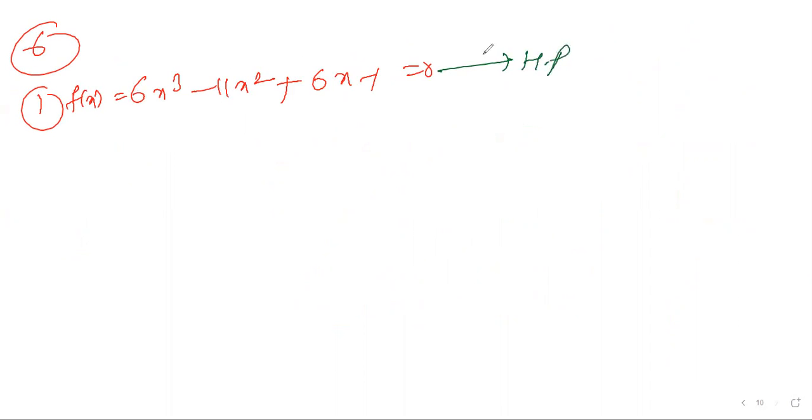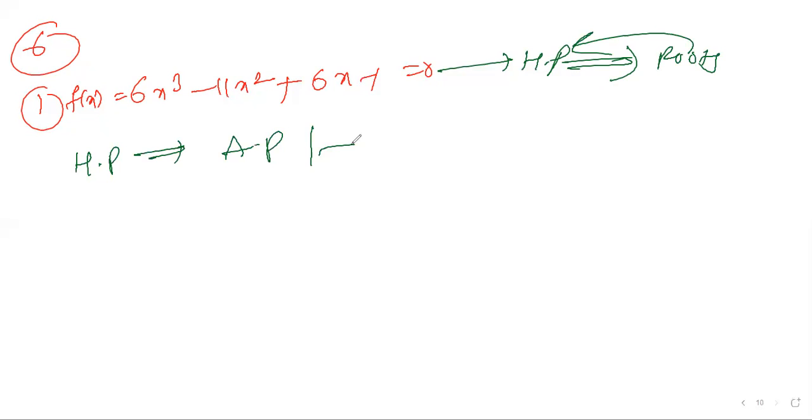This equation having roots are in HP. So I will convert the HP equation into AP by substituting x by 1 by x. So f of x tends to f of 1 by x.